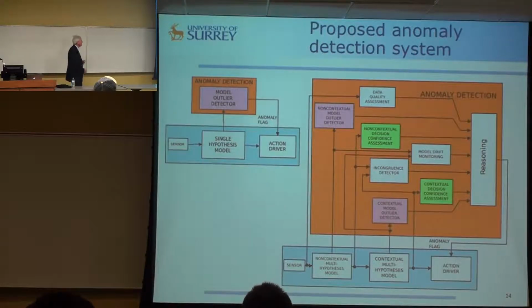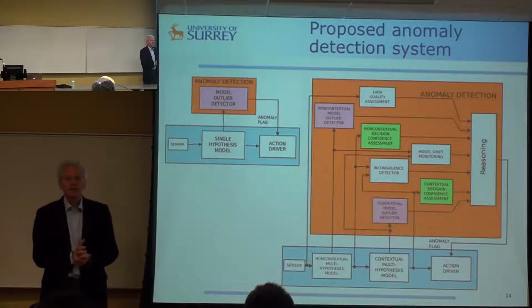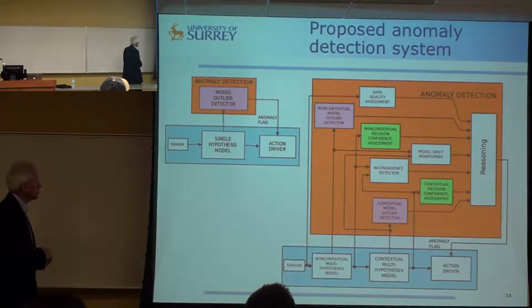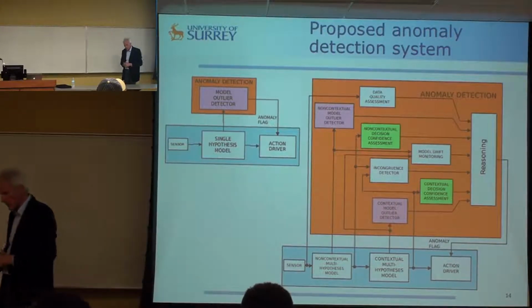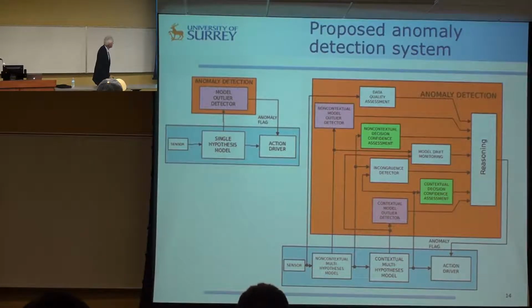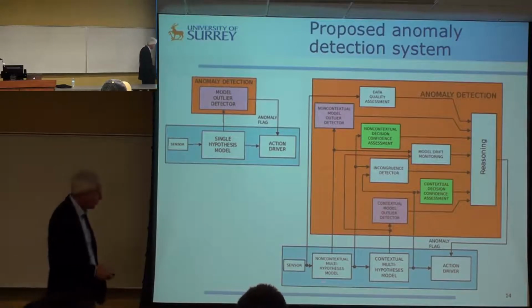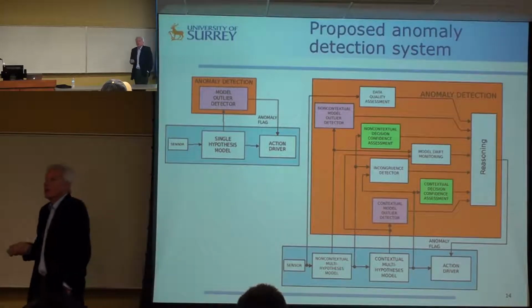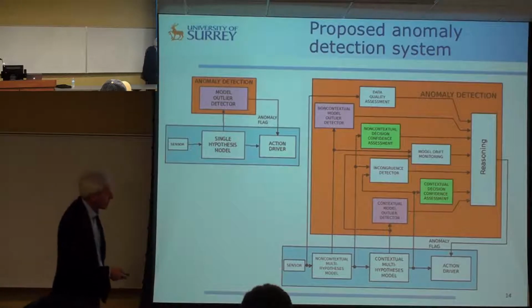So this brings me now to a proposal of what an anomaly detection system should take into consideration. This was our original, very simple system which was detecting anomalies as outliers, and here we have a system which more represents a machine perception system, because you can see that it has two stages.